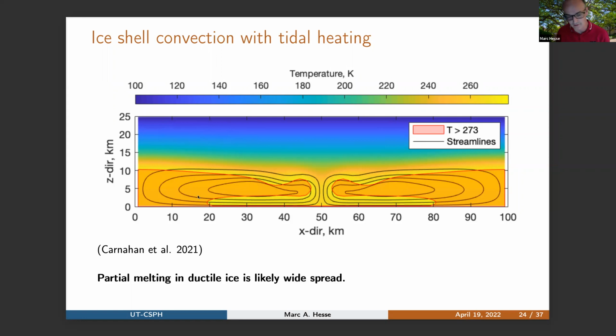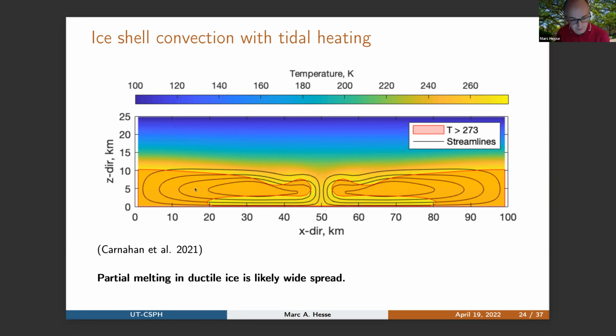And what this leads to in these convection models is that you actually raise the temperature, in the numerical model, above the melting point of ice. And what everybody else does, you just saturate your color scheme and just move on. But this clearly shows that with what we think are reasonable amounts of tidal dissipation, actually a good part of the lower ice shell is, in this case, modeled as above the melting point.